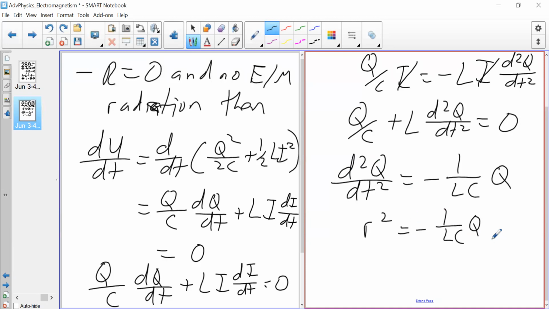And that's going to be negative 1 over LC times Q. Going back to mass on spring systems, this 1 over LC business is going to be equal to angular frequency squared, negative omega squared, times Q. Well, I was going to put X because when we do a mass spring system, we're talking about acceleration equals stuff, and so it's a similar fashion.